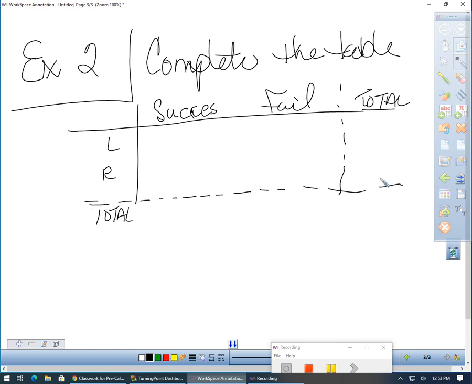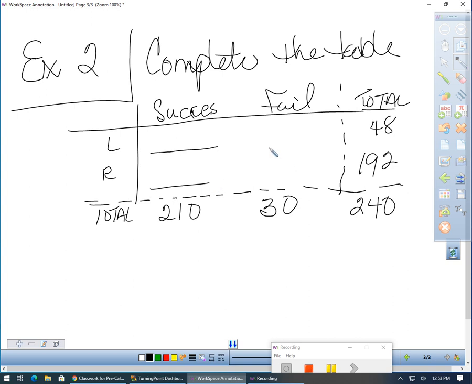So if in my total, the total left-handers were 48, total right-handers are 192, and it's out of 240, then total successes are 210, and total fails are 30.